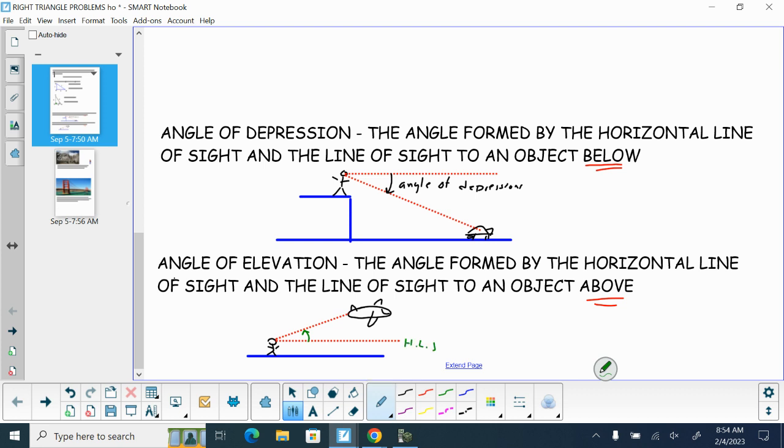Here's a line of sight to an object that's above. The angle that is formed here is your angle of elevation. Angle of elevation is used when looking at an object that's above. Angle of depression is used when you're looking at an object that is below you.